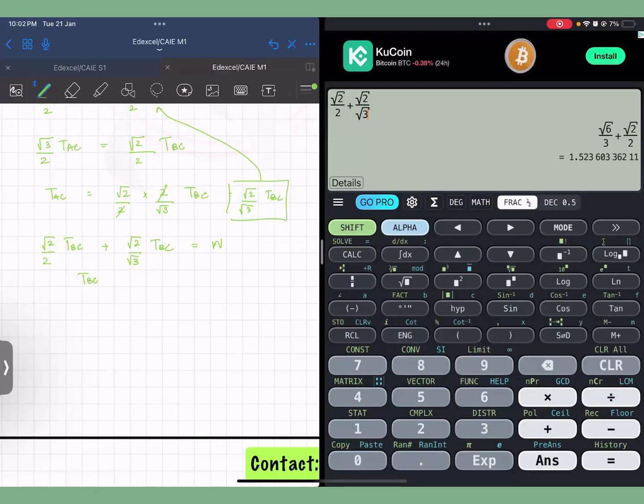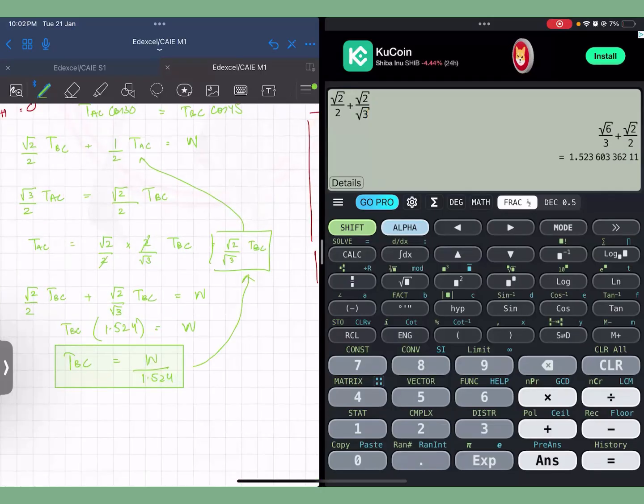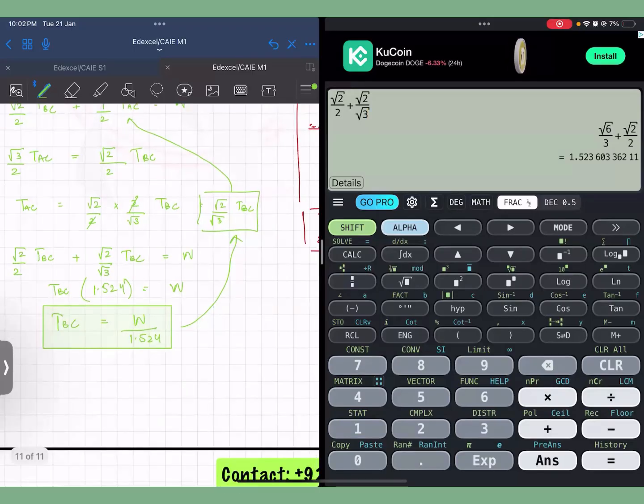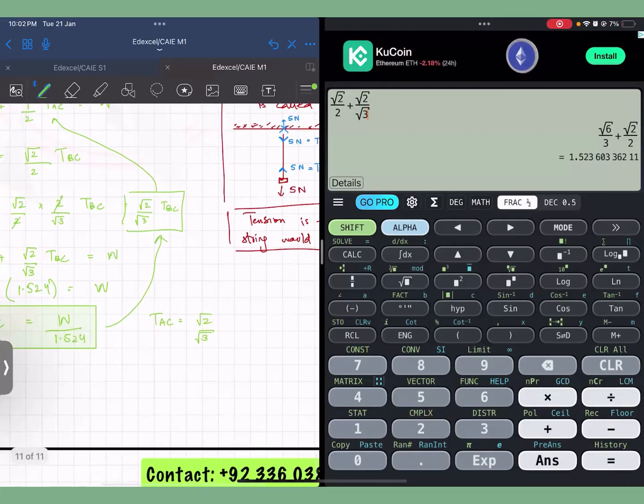So this is TBC times 1.524 is equal to W. So TBC is equal to W over 1.524. This is your first answer, TBC in terms of W. And now you will substitute this again over here, right? So TAC would be equal to root 2 over root 3 multiplied by W over 1.524. This would give you your TAC.